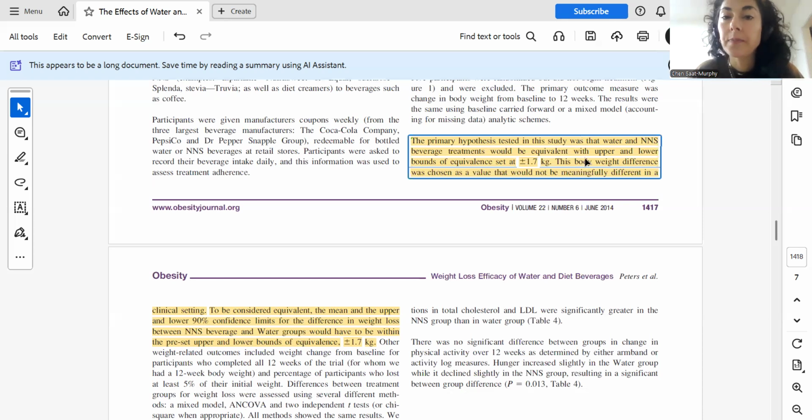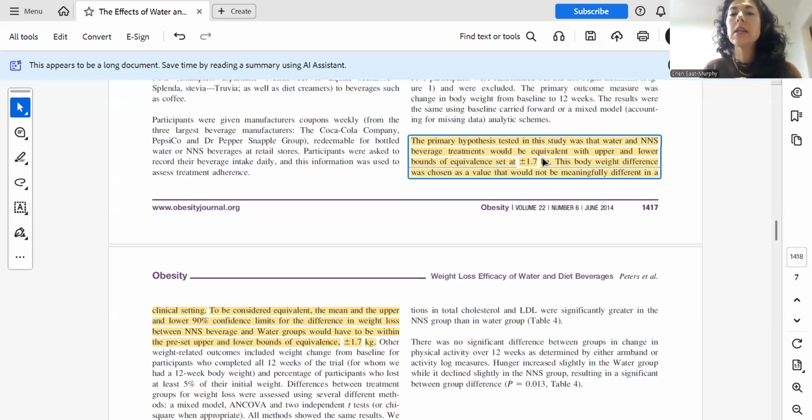And you can see it here. The primary hypothesis tested in the study was that water and non-nutritive sweetener beverage treatment would be equivalent, but it cannot really be 100% equivalent. So they set up upper and lower bounds, and it was plus minus 1.7 kilograms.